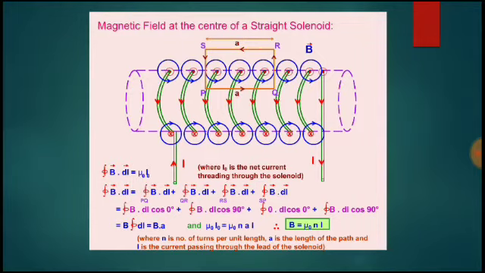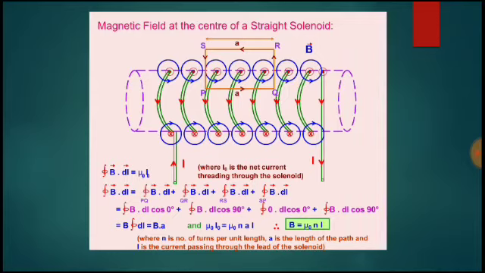Come to this one. The line integral of B into dl is equal to, we are taking four integrals. Why, sir, are we taking four integrals? We are taking each side of this particular rectangle area. So SR is outside the coil and PQ is inside the coil, at the same time.